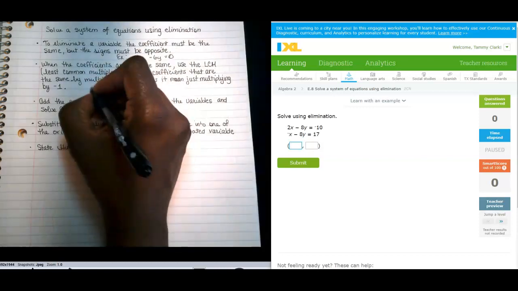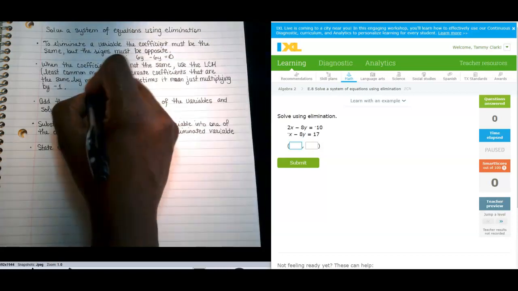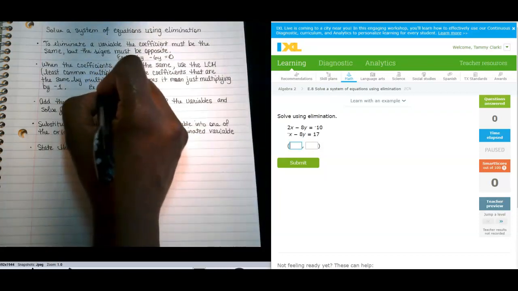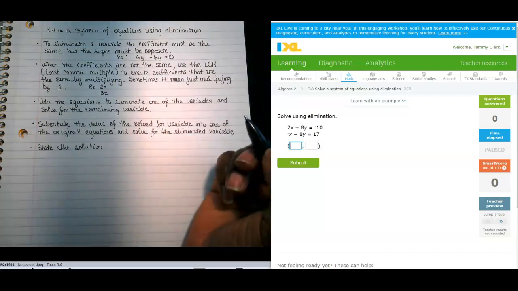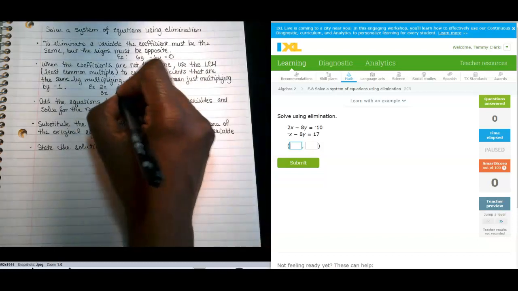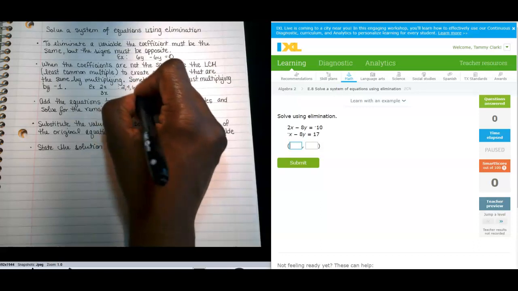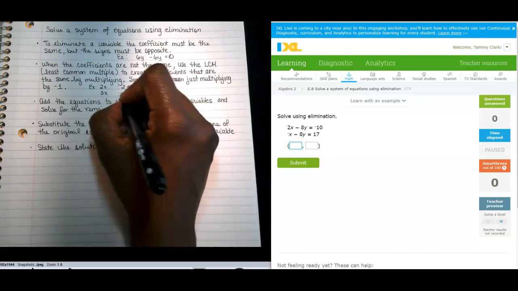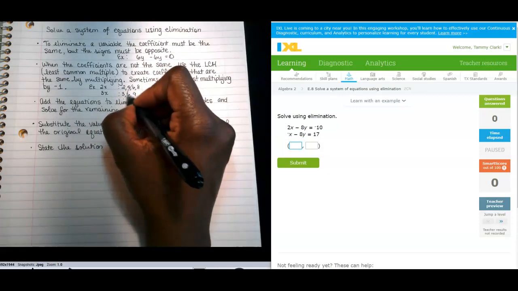Say my example is 2x and 3x. Well, 2 and 3 are not the same coefficients, but I could make them the same by multiplying by something that they have in common. So I could go 2, 4, 6, 8, and then for 3, 3, 6, 9, and you can see that they have 6 in common.